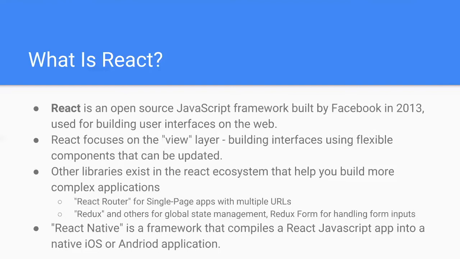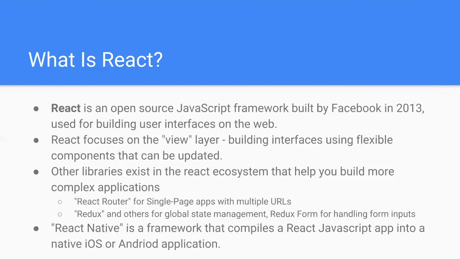So zimride.com/rides is all handled via React, or /rides/1234 to view a specific ride. React Router takes that URL and breaks it into its components and says, okay, I need to render a certain component because it's a rides page, and here's the ID of my ride. So it handles that URL stuff for you, which is really nice.